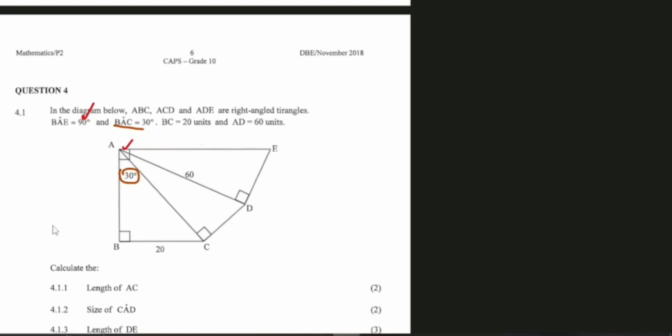Okay, so before answering the questions below, let's see if we can figure out some of these missing sides and angles. So for triangle ABC, side BC is opposite to angle BAC. So it means you can use this opposite to also calculate AC using sine, or AB using tan.